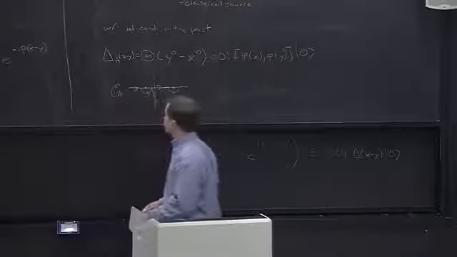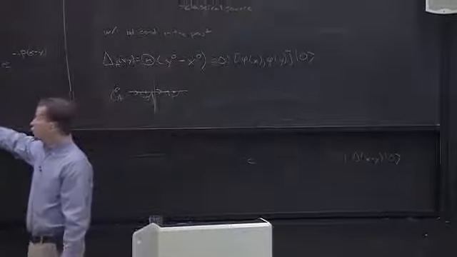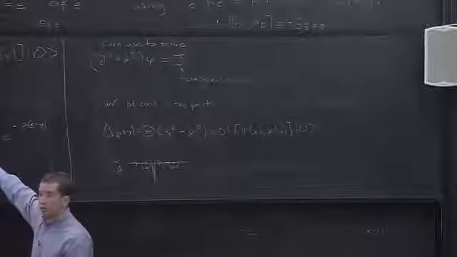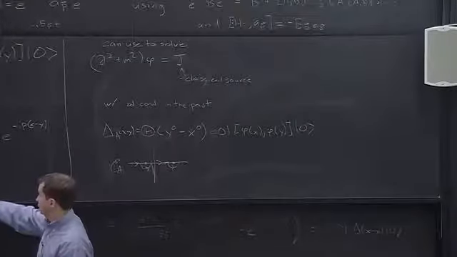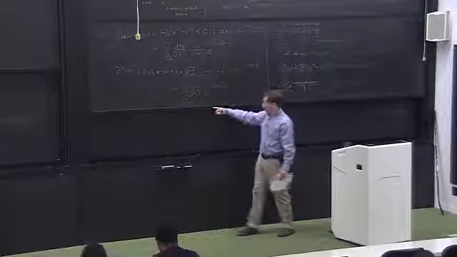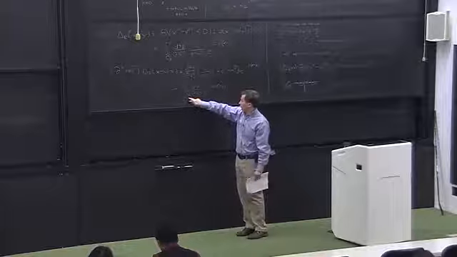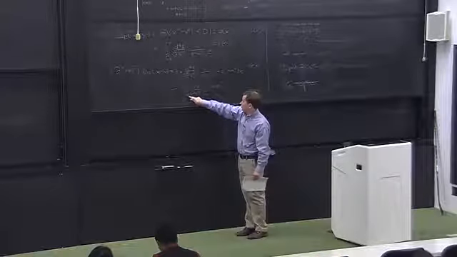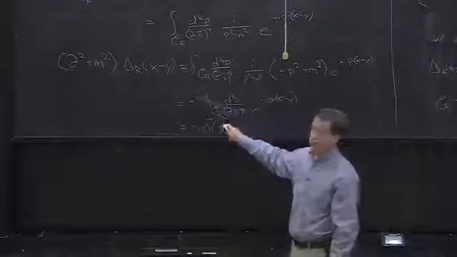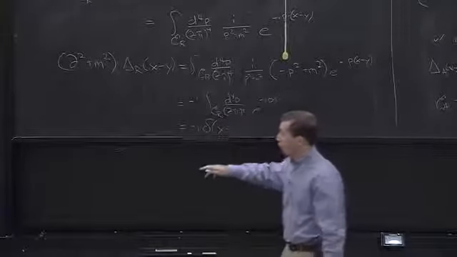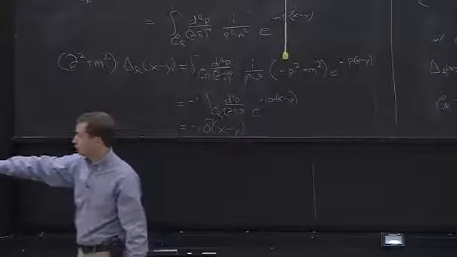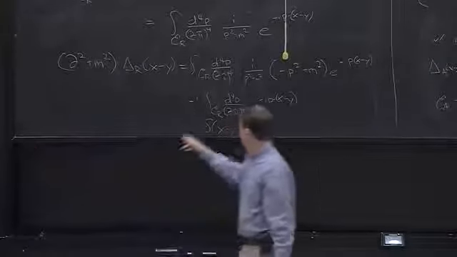And you notice when we showed that the retarded Green's function was a Green's function, we didn't use the fact that the retarded Green's function went around the poles in a certain way. So any way we went around the poles would be fine.